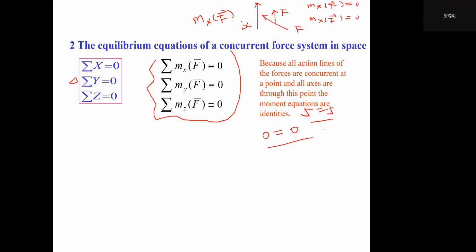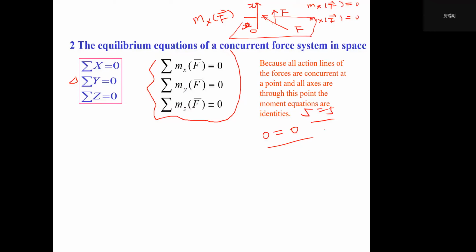So when we talk about the moment of a force to a given axis, right? First, we should find a plane which is perpendicular to the axis x, and has an intersection point O, right? Then, for the moment of this force in space to this axis x, we just need to project it onto this plane.